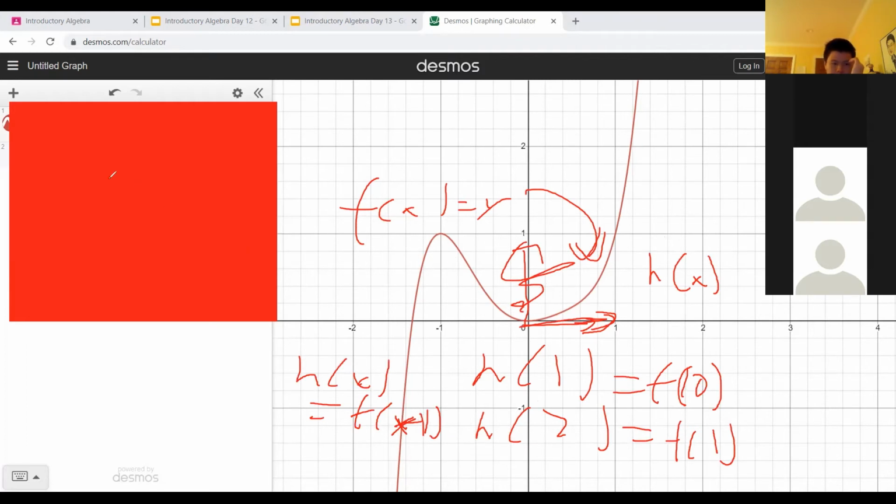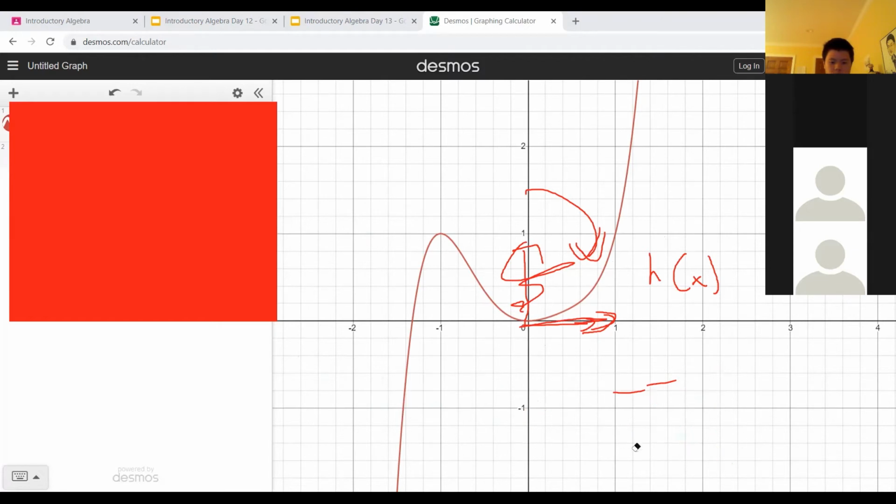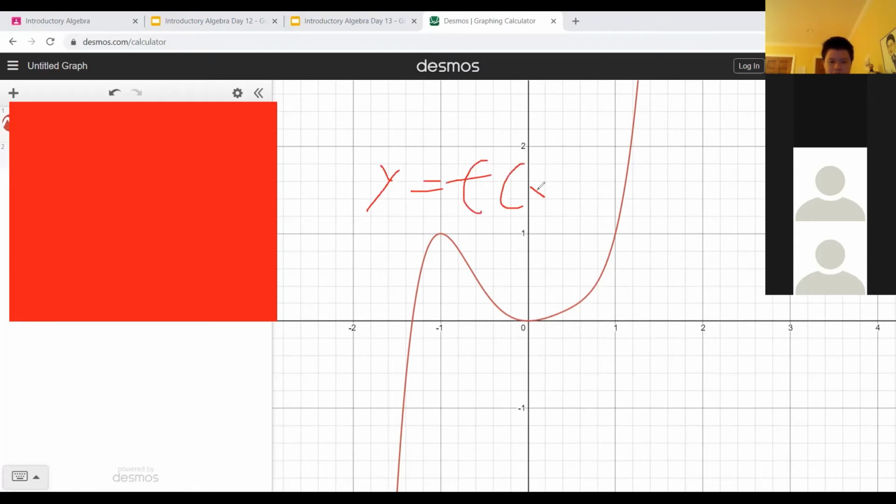So if we wanted to shift the graph right, we would just have to type in this. Similarly, if we wanted to move left, x minus 1 over x minus 1. By the way, 1 is an arbitrary number. You can shift it right or left any distance.